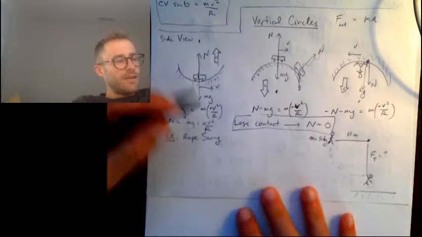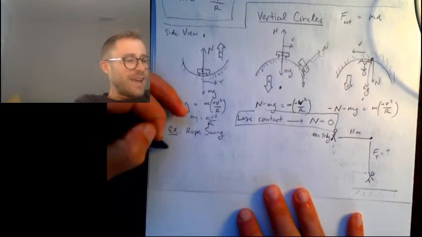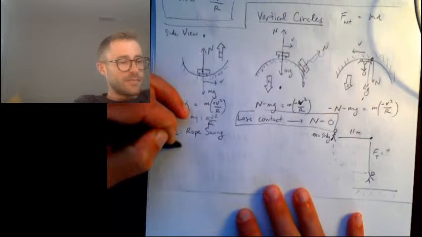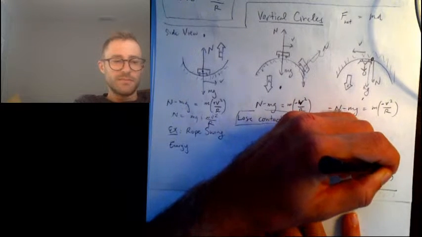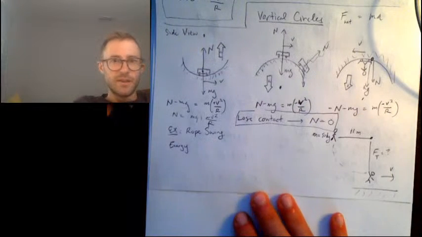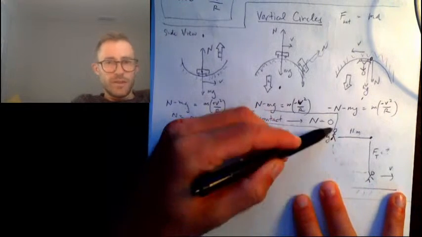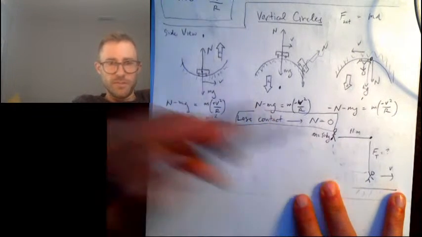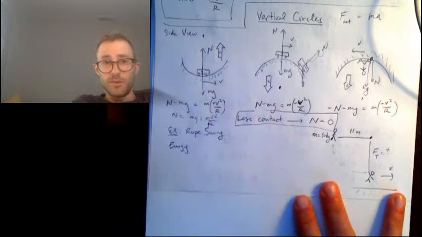Here's what we're going to do. We're going to use energy to get the speed right here. Because this person is moving in a quarter circle, essentially, the amount that they drop is equal to the radius of the circle.